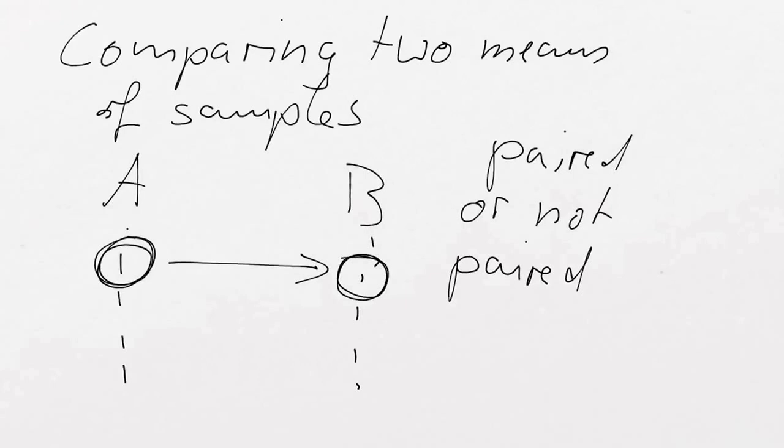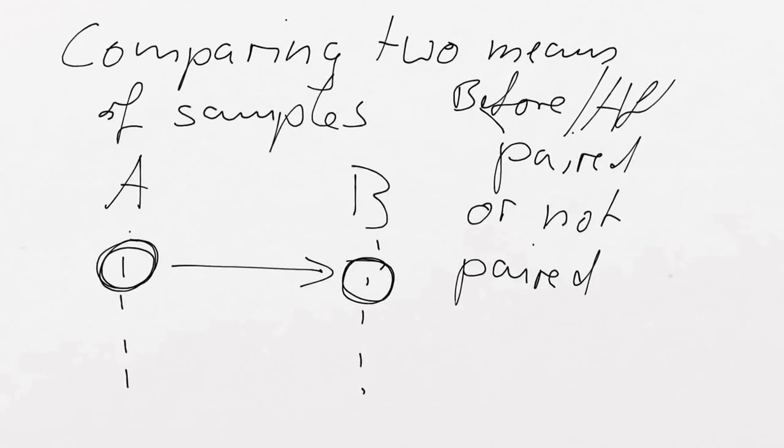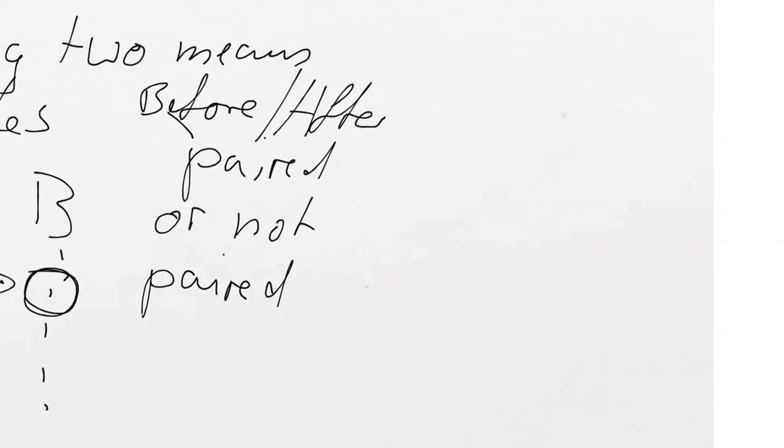Sometimes people say, did you have an accident with a lawnmower? It's still me. So this is paired. Paired means before and after. It's also referred to as a dependent test.